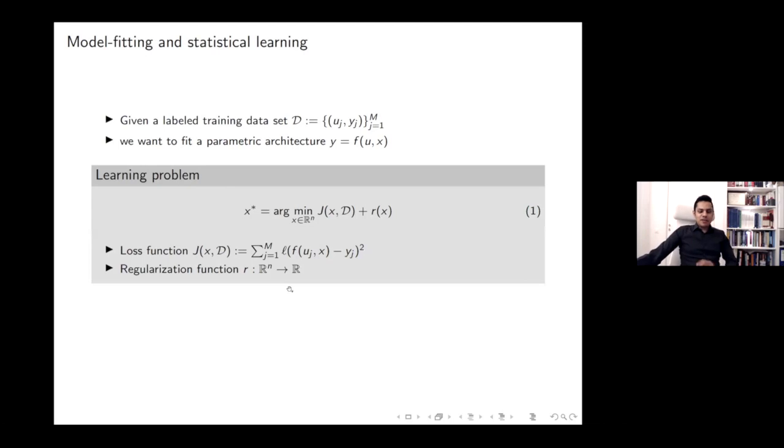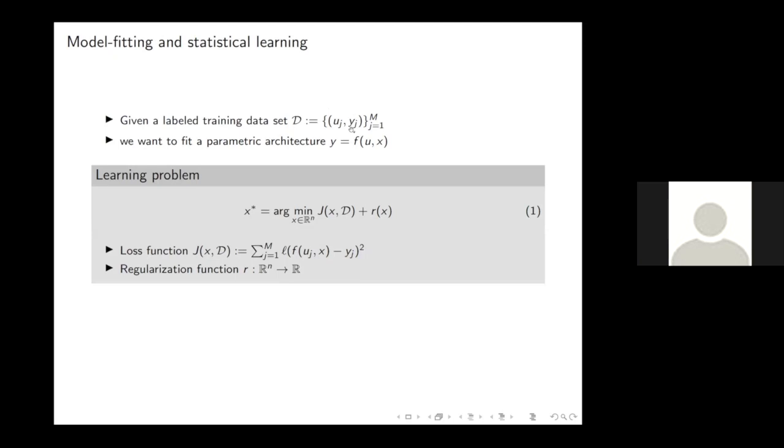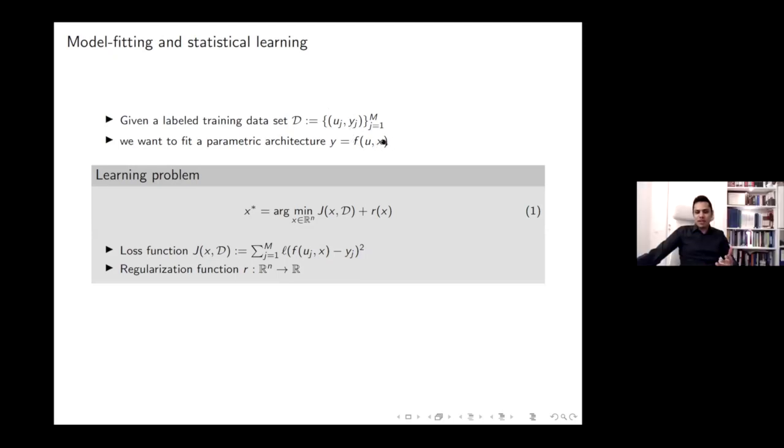So if we consider any kind of model fitting or statistical learning problem, we have a training data set with some features denoted by U and the labels denoted by Y. And we want to fit a parametric architecture, parameterized by these parameters.